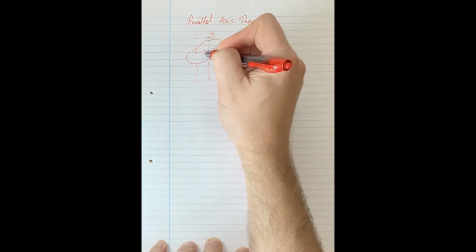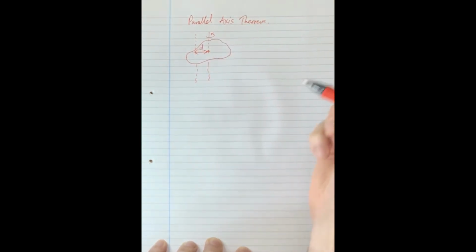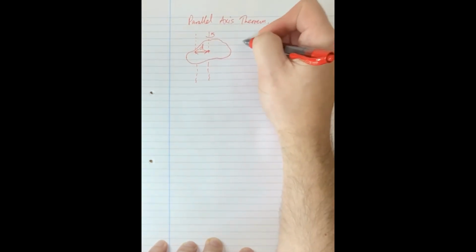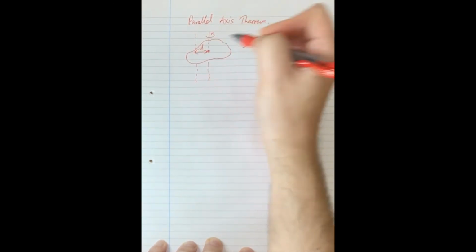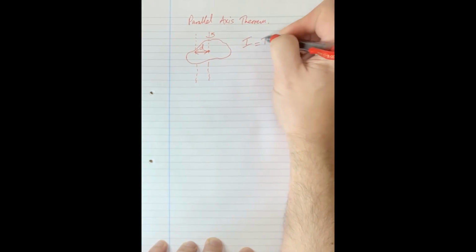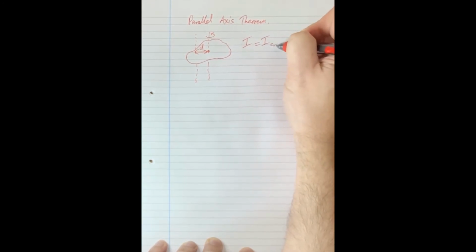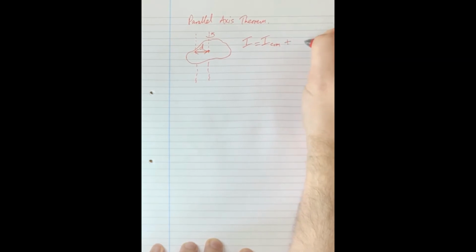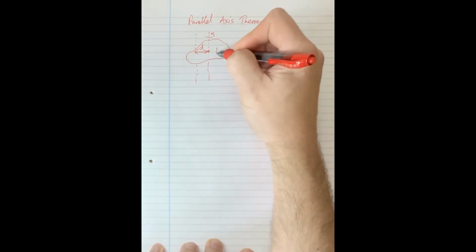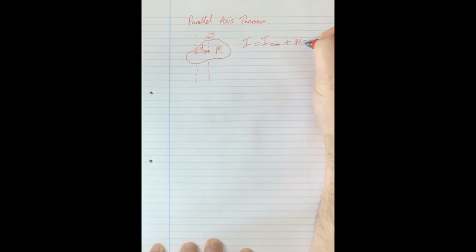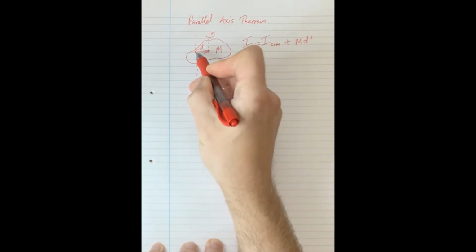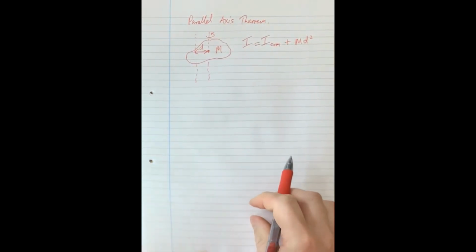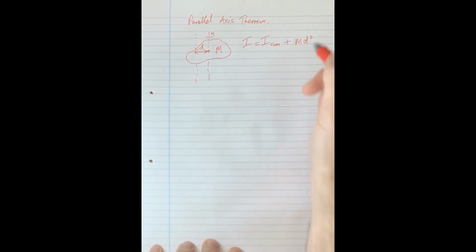If you knew how far away that was, then the new moment of inertia to rotate it about this point would simply be the moment of inertia for the object through its center of mass, plus the mass of that object times how much you've shifted the axis of rotation, squared.